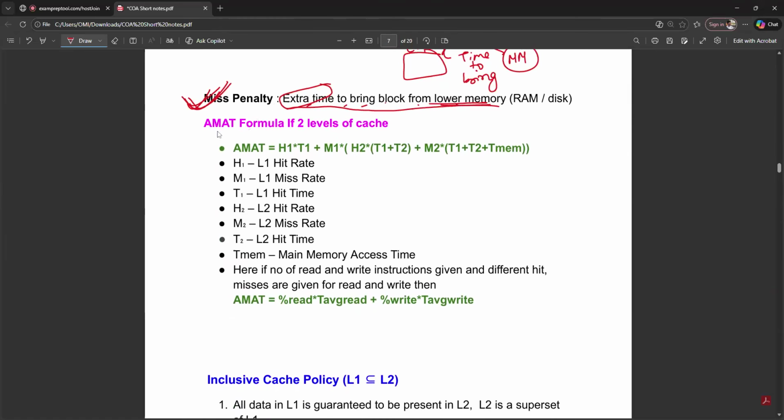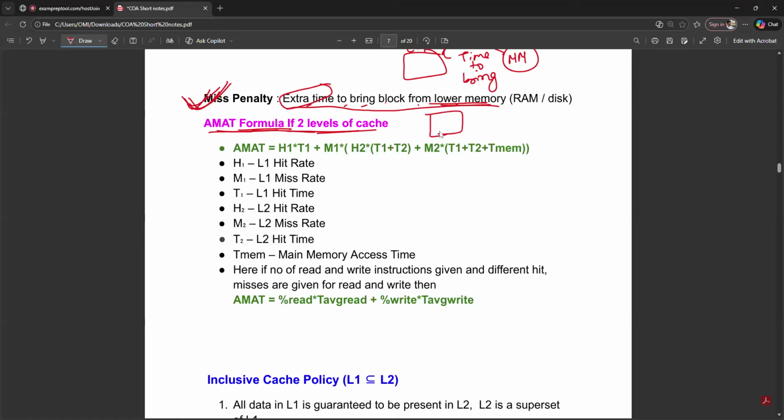Now what is the average memory access time formula if two levels of cache are given?